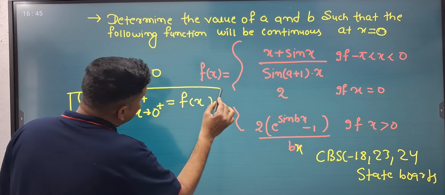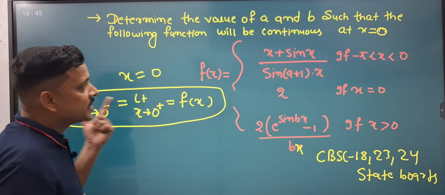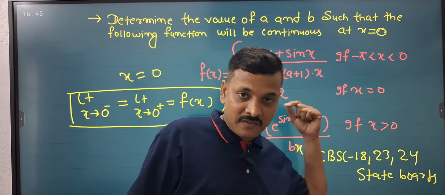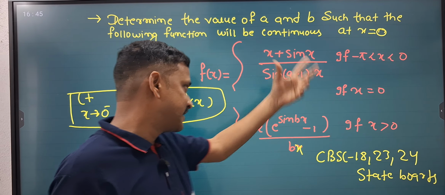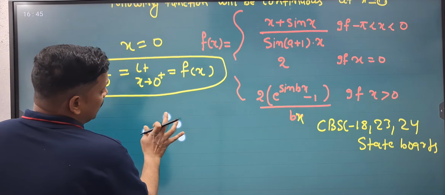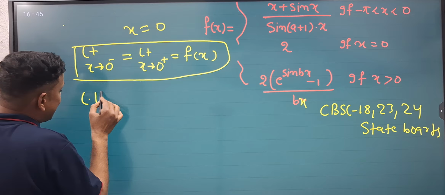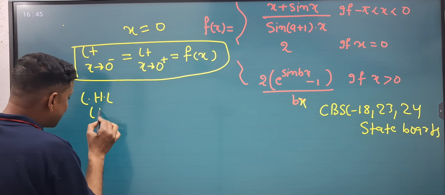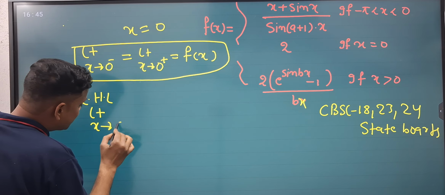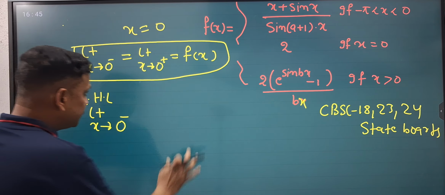Then the function will be continuous, and in this question they already told that the function is continuous at x equals 0. So I have to check the value of the LHL limit, that is, limit x tends to 0 minus.